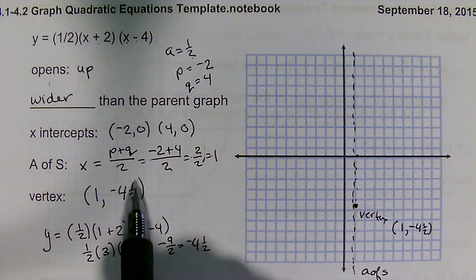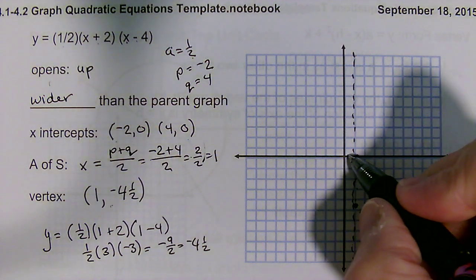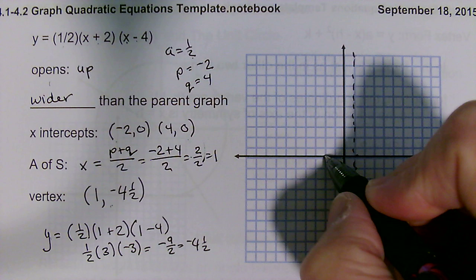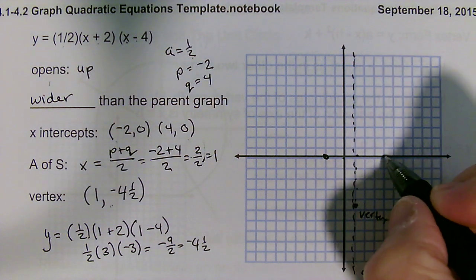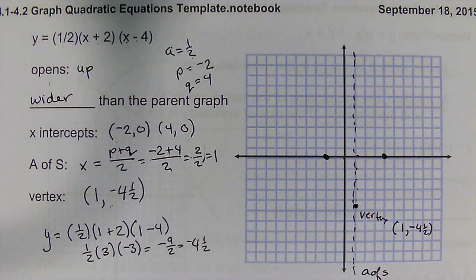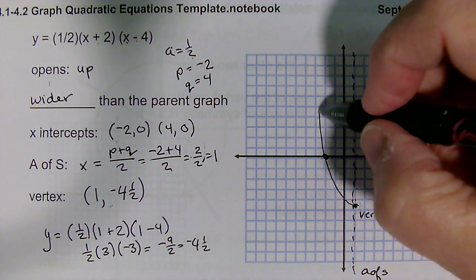My two x-intercepts, (-2, 0) and (4, 0), are, and now I'm not counting from the vertex, I'm counting from here for this. 2 to the left and 4 to the right. Now with those two and the vertex, that's enough to draw a rough sketch of your parabola.